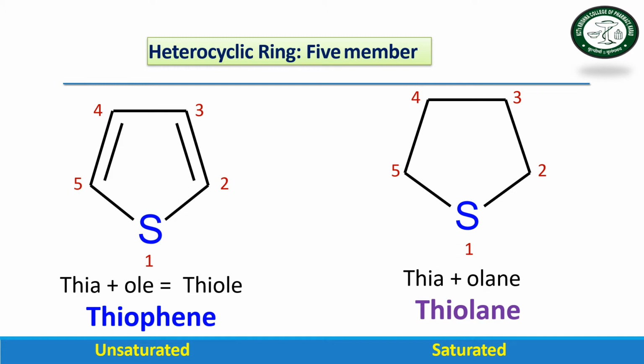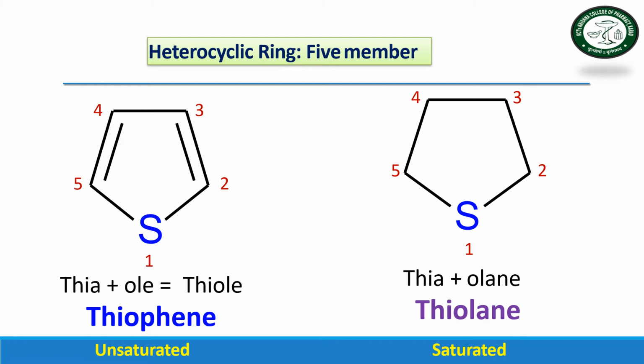Here is another 5-membered heterocyclic ring, but the heteroatom is changed. The heteroatom in these structures is sulfur, the prefix for sulfur is thia, and the ring is 5-membered with two double bonds, hence we use OLE, that is thiole. But according to nomenclature, the name of this ring is thiophene.